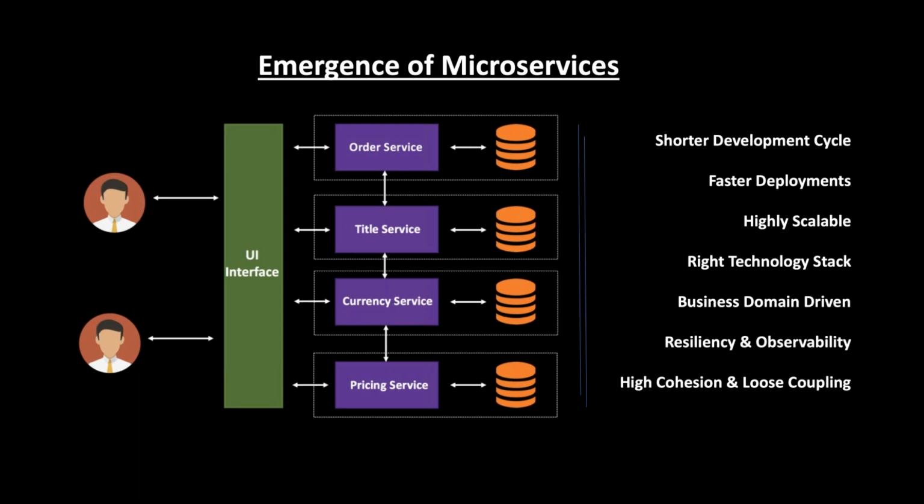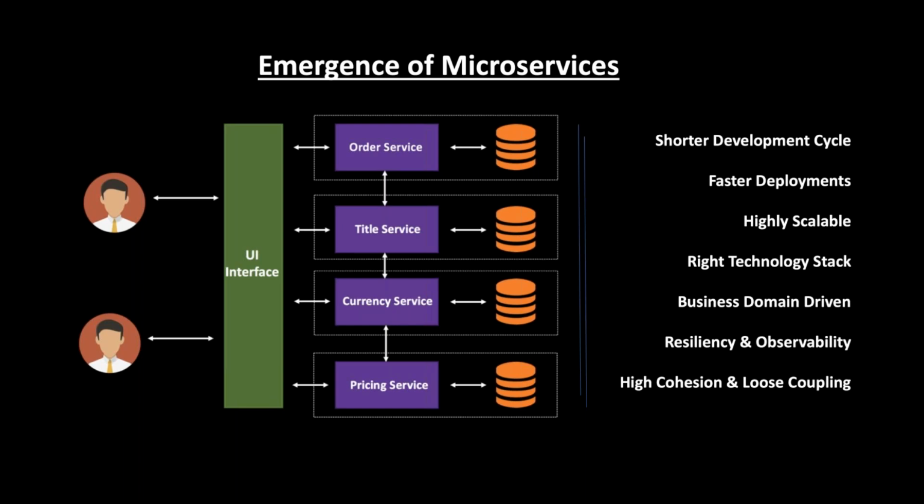You have the order service, which has its own data store. The order service owns its own domain data, and it can interact with that. So you have title service, currency service, pricing service, and all of them have their own data store. This will allow you to deploy individual services independently.